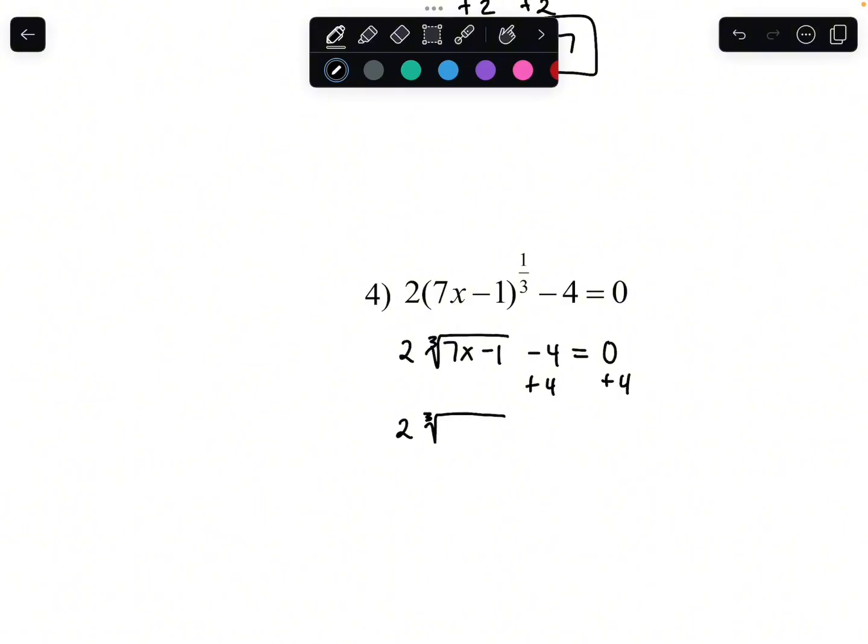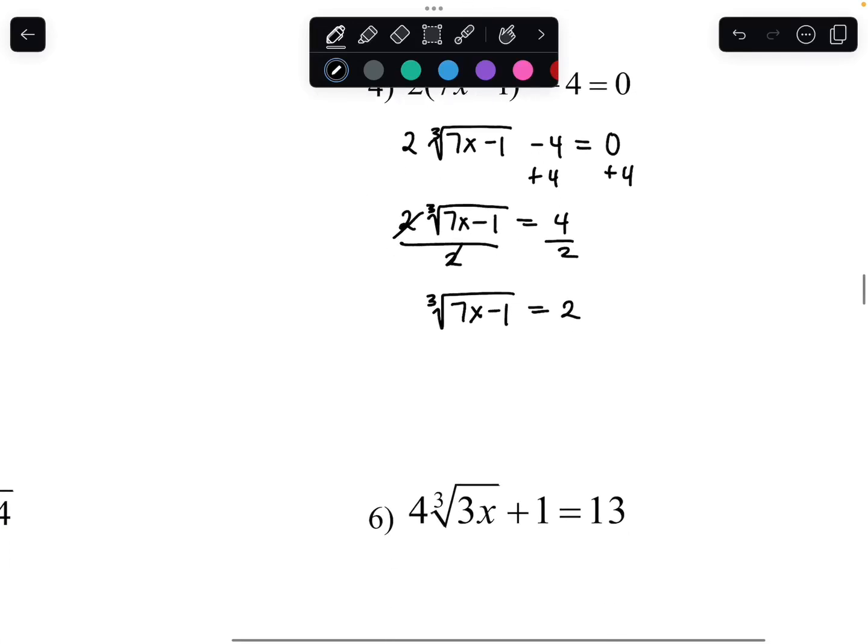Take care of what is not attached to the radical first, and then divide by the 2. And then you're ready to cube both sides. Don't cube both sides until the cube root is isolated.